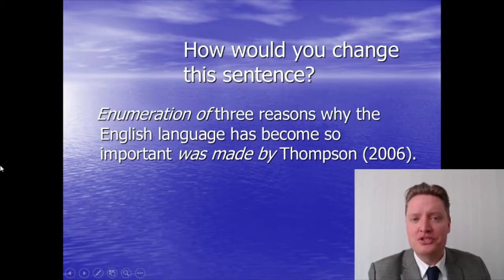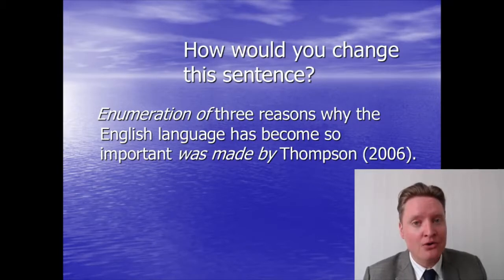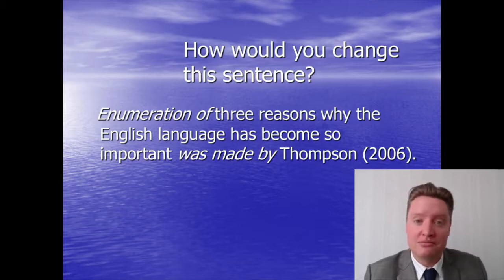Enumeration of 3 reasons why the English language has become so important was made by Thompson. Now my subject in this sentence is Thompson. I want to make this into an active sentence, so I will move Thompson to the beginning of the sentence, and I will change my noun, enumeration, into a verb, enumerate. And when I do that, I will not need my garbage verb, was made by.